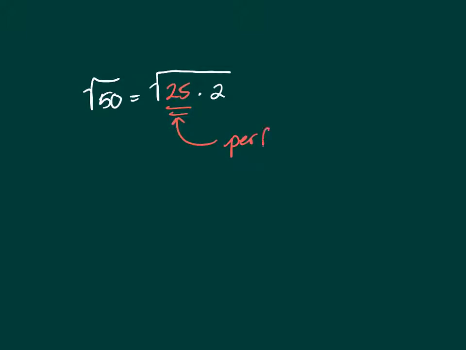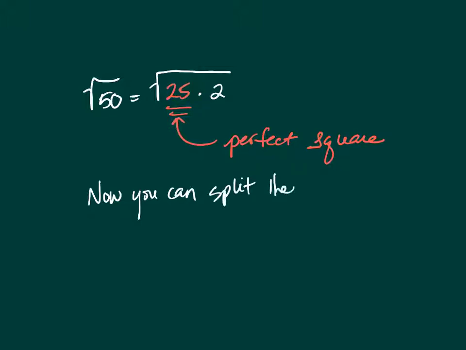So it was easy to write 50 as the product of 25 times 2 with a perfect square as one of the factors. So what we can do next is we're able to actually write radicals or square roots that have a product underneath, like 25 times 2. We can split it into 2 different radicals.